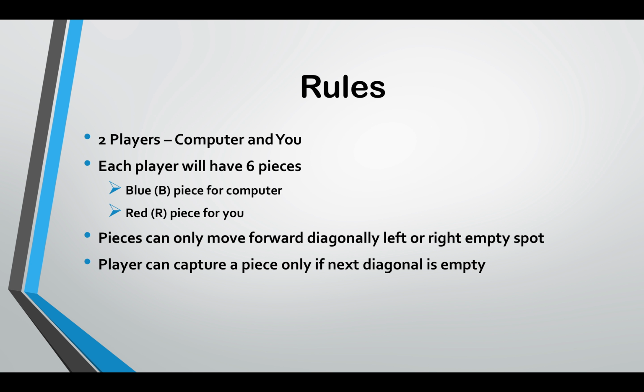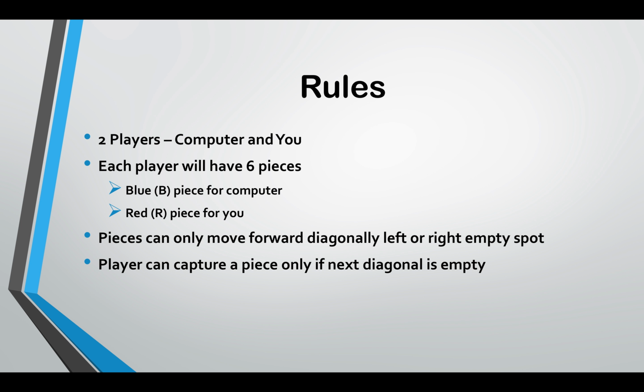So the basic rules for the game are that it is a two-player game and each player will have six pieces. Blue piece represented by B is for the computer and the red color piece represented by R is for the opponent, and the pieces can only move forward and they can move diagonally left or right if there is an empty spot.